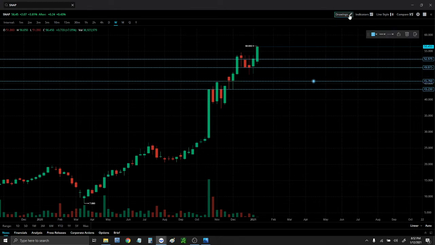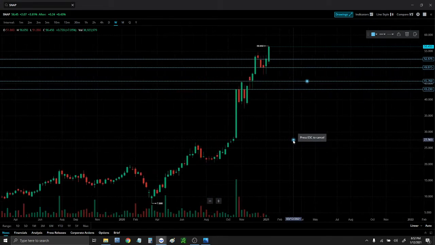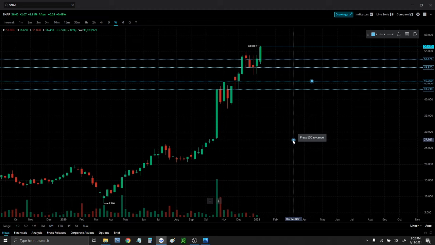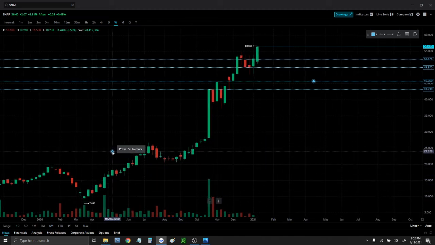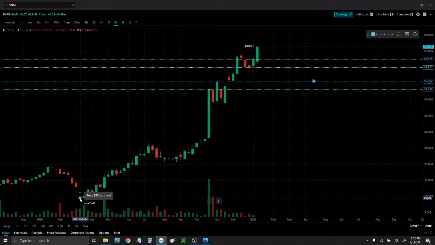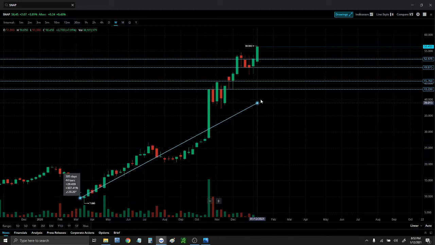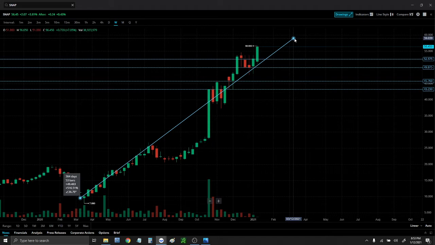So the other one would be the trend line. The trend line is usually done in a diagonal. As you can see here, Snap has been trending quite a bit, and you could probably see that there's a trend going from here, going like this.